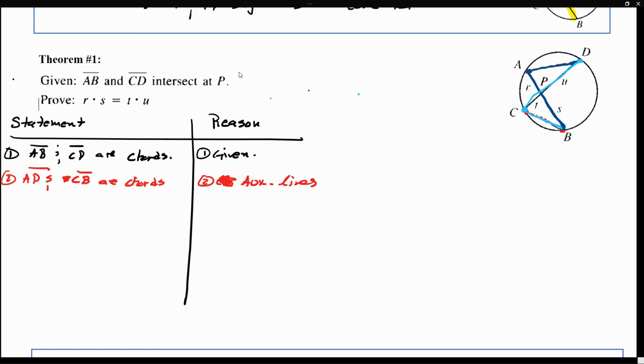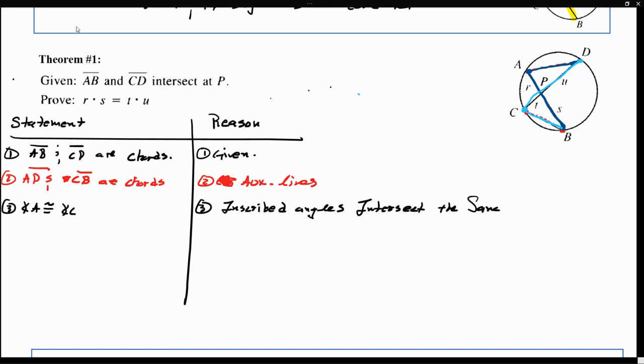So therefore, I want to call this angle A. Angle A is congruent to angle C because these inscribed angles intersect the same arc, and the arc that they both intersect is DB. So now I know that angle A is congruent to angle C.